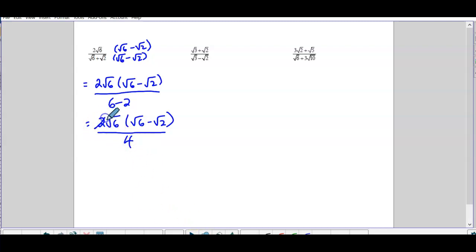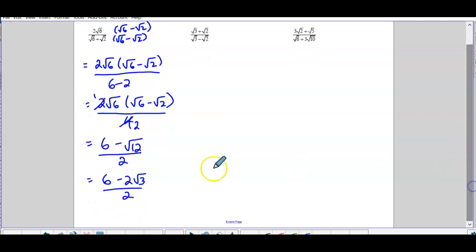Okay, and then 2 goes into that once, into this twice, and then I expand. Root 6 times root 6 is 6. Root 6 times negative root 2 is minus root 12 over 2, and then I can simplify the root 12. So that's going to be 6 minus 2 root 3 over 2, and now I can divide out 2 into everything.